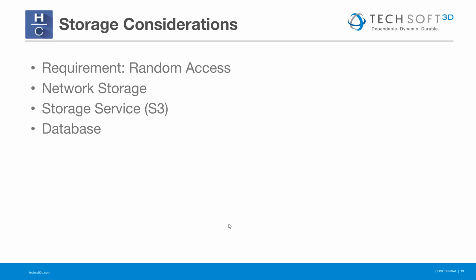Now the next thing we want to talk about is a storage service, and we have S3 noted here. There's a number of different storage services, but S3 is one that's very popular, and the way this works is that you dump files into this storage service, and each file gets back a handle when you save it. Now, when you go to view that model, you would store in your database that handle to the file, and you would have to pull that file down out of S3. Now remember, we need to have the complete file available.